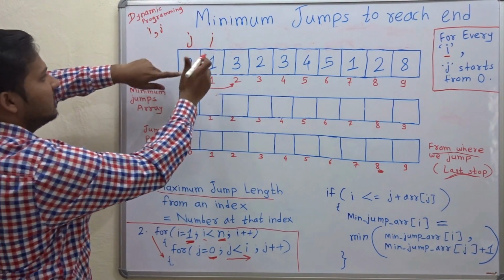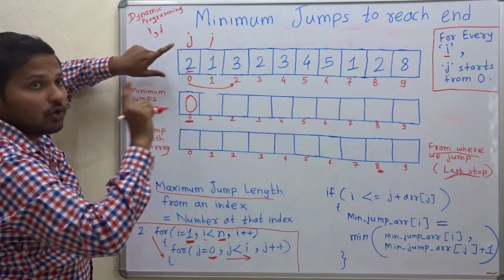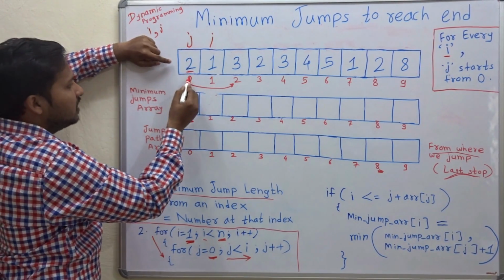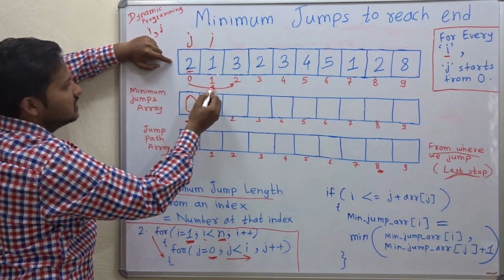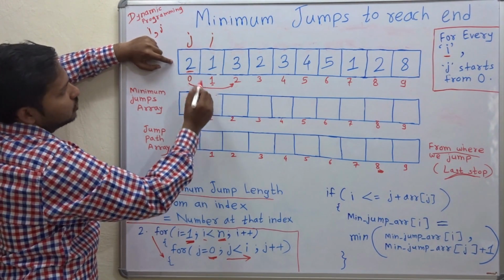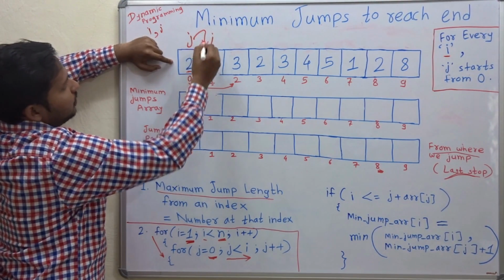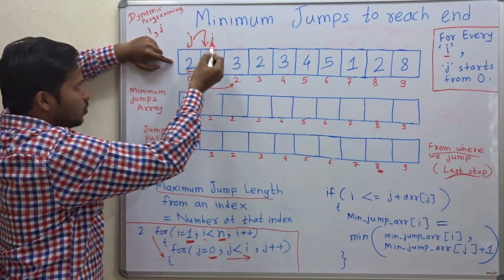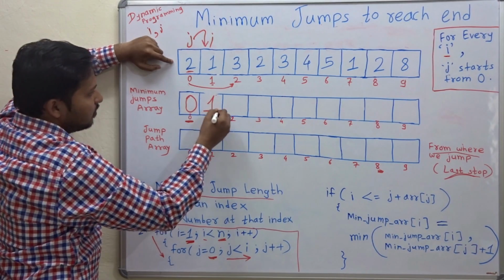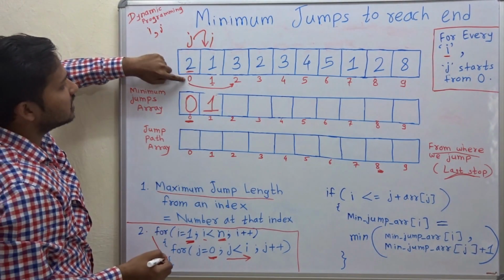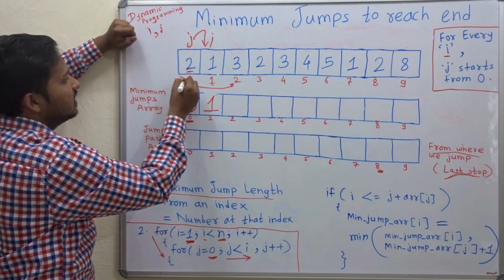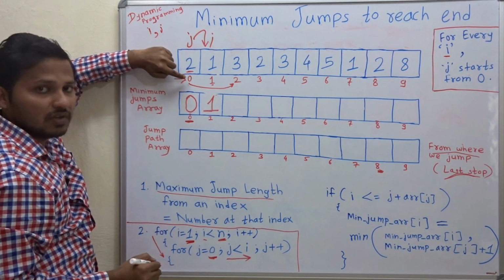So obviously I is in range of j, means from index 0 we can reach index I, means the index 1. So with one jump we can reach from j to I. So one jump is needed to reach at index 1 from the starting of the array. Starting is the 0th index.